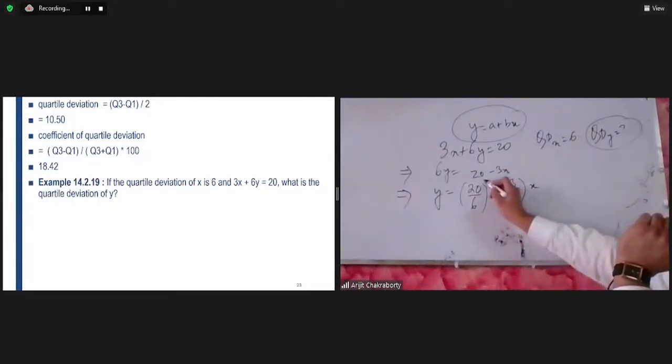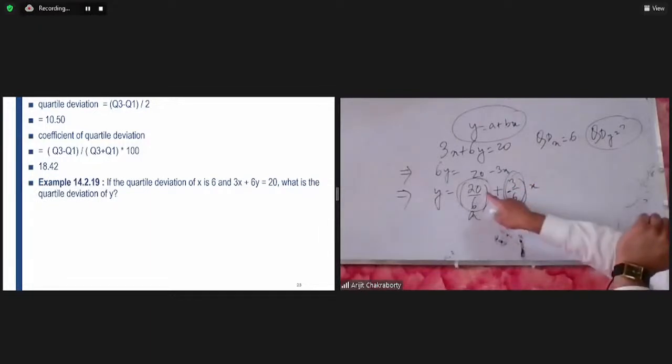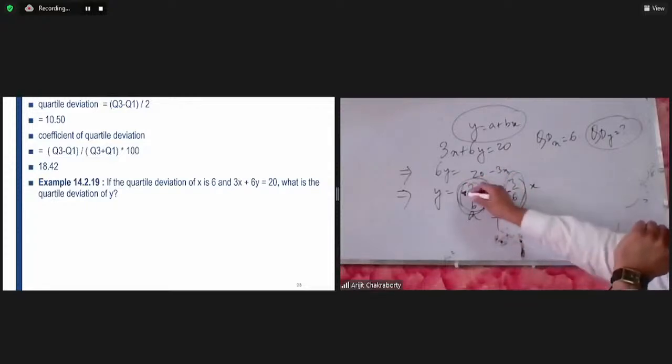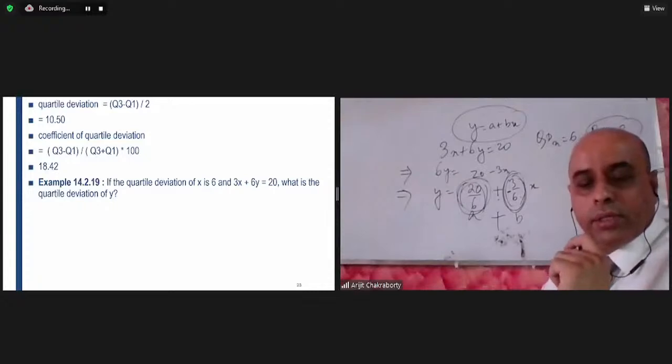So now you see, this is A and this part is B. In fact, I will put plus here and I will put minus inside. So 20 by 6 plus of minus 3 by 6 into x. So this is A plus bx. You can see this is of the form A plus B into x. A is 20 by 6 and B is minus 3 by 6. Okay, I hope it is clear.